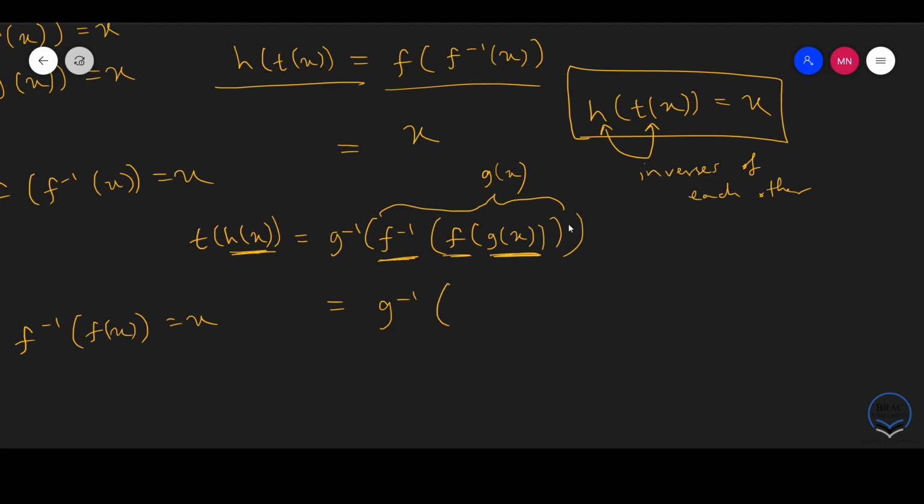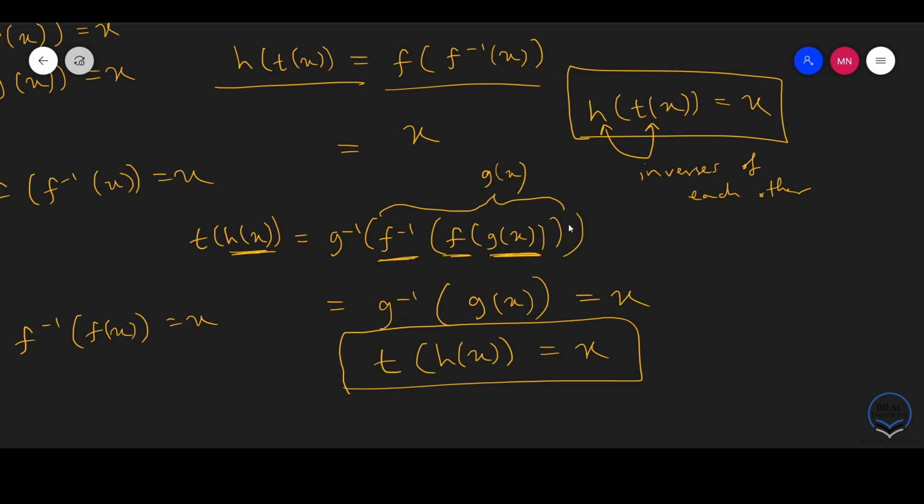So we have g inverse of g of x, and this should just be equal to x, right? So we can also show that t of h of x is also equal to x. So we have shown that the functions t and h are inverses of each other, right?